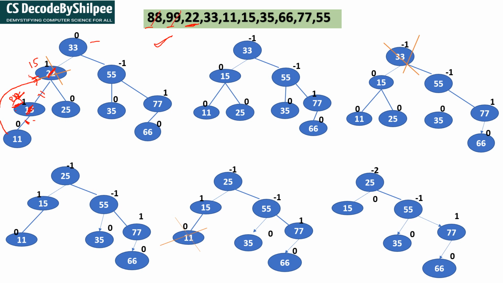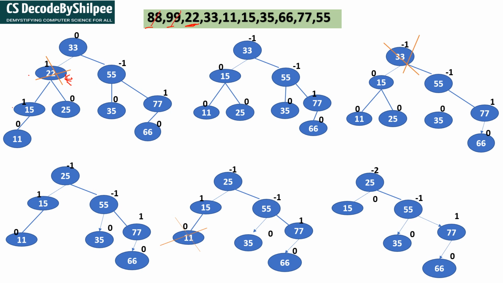I hope you understood. If you have doubt, I'll explain it again. I'll erase it first and then explain. Now I'm going to delete 22. Now 22 is having 2 children, so it is the 2 children situation, which I already explained in the previous slide. If it is 2 children, you either take the maximum from left or the minimum from right.